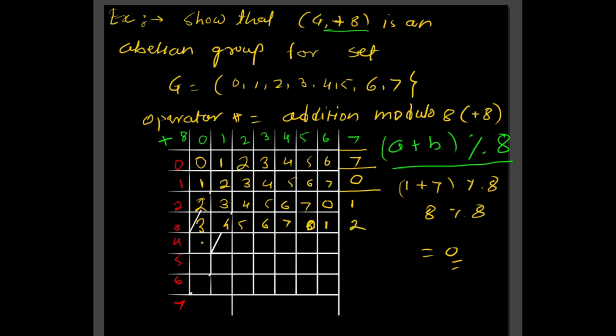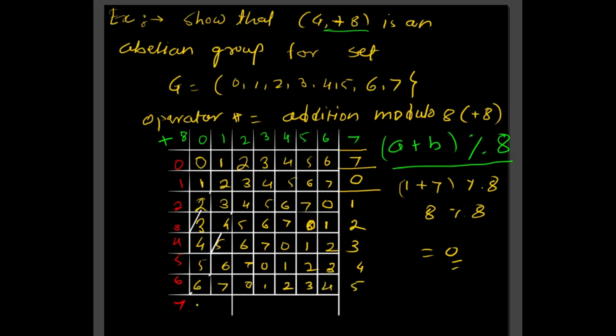So similarly, you might have understood the pattern. Here it is 4, 5, 6, 7, 0, 1, 2, 3. Here it is 5, 6, 7, 0, 1, 2, 3, 4. Here it is 6, 7, 0, 1, 2, 3, 4 and 5.